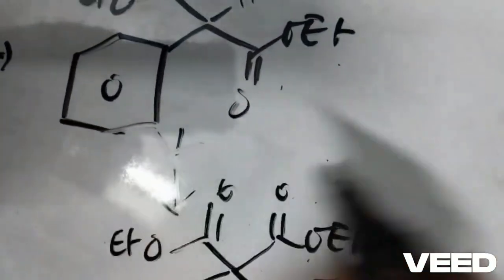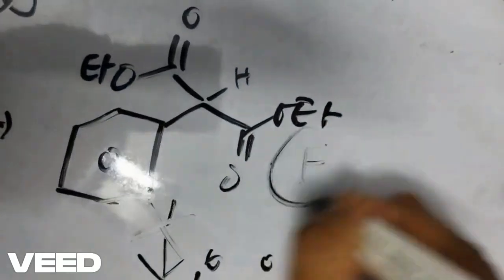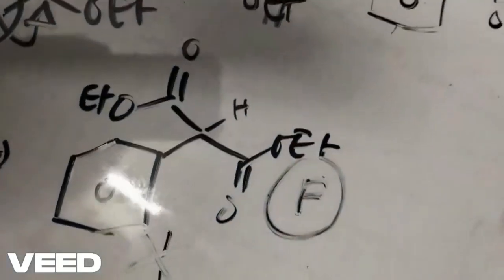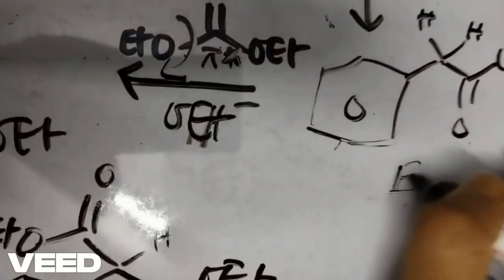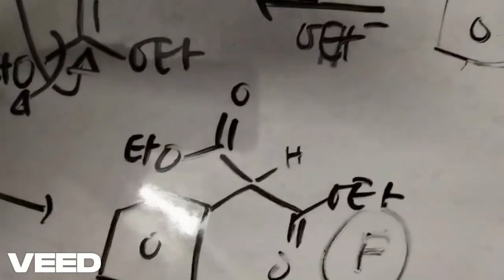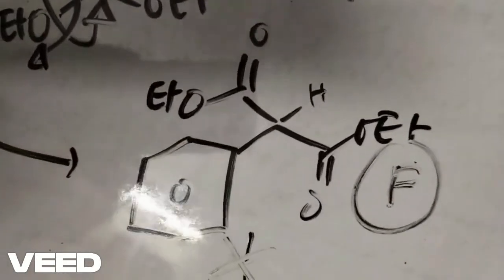Hence this formation shall not take place, and this shall be our final compound F. So we have got these compounds. This was E, and we have to now tally the options that have been given.